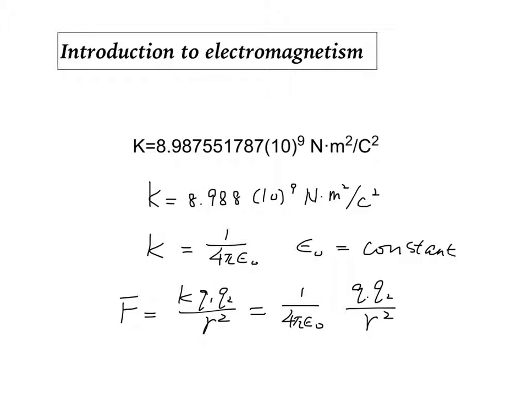Most of the time, we take 1 over 4 pi epsilon 0 equals 9.0 times 10 to the 9th Newton meter squared per Coulomb squared. And we will use this number a lot in actual problems because it's easier.